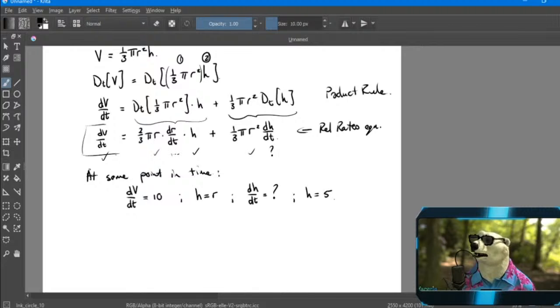So I can only have one unknown in this related rates equation. So because my unknown is the dh/dt, I have to get numbers for everything else. So because the height and the radius are always the same, that means the radius at that point in time is also 5. So let's just see what we can do with the rate of change of the radius, because that's something we don't directly have a number for.